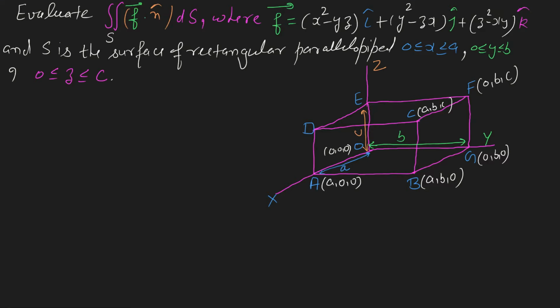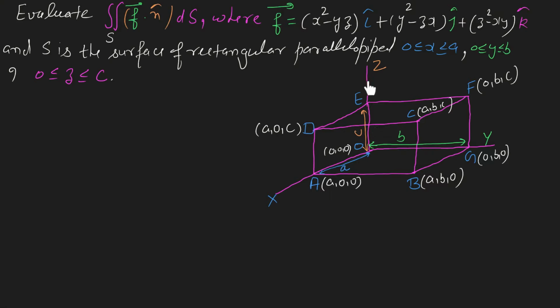And what will be the coordinates for D? D is in z and x, so y is 0, so the coordinates are a, 0, c.